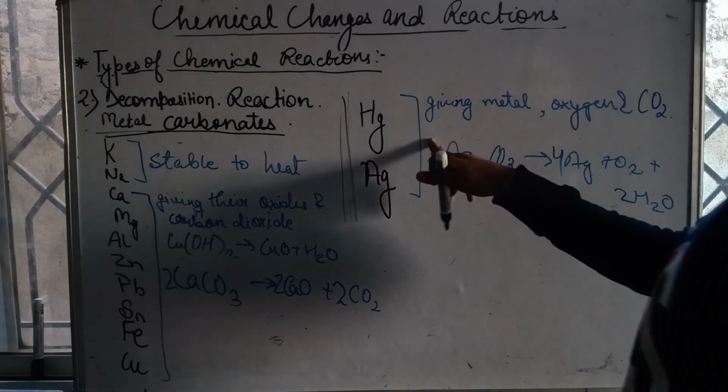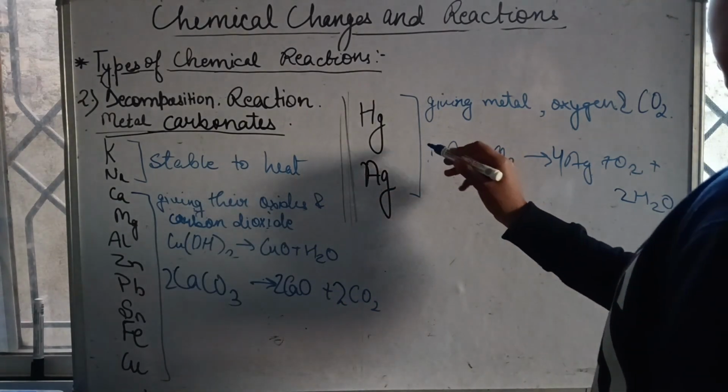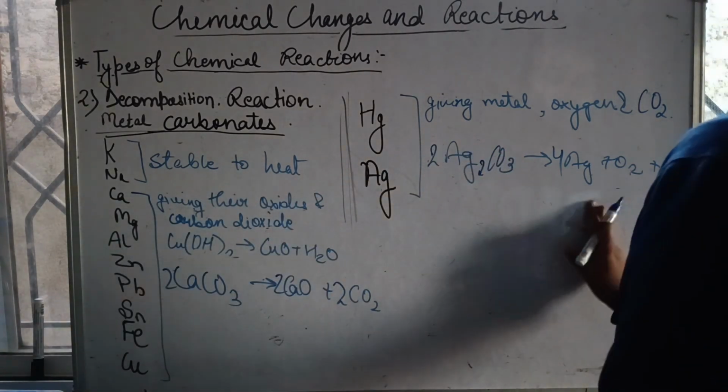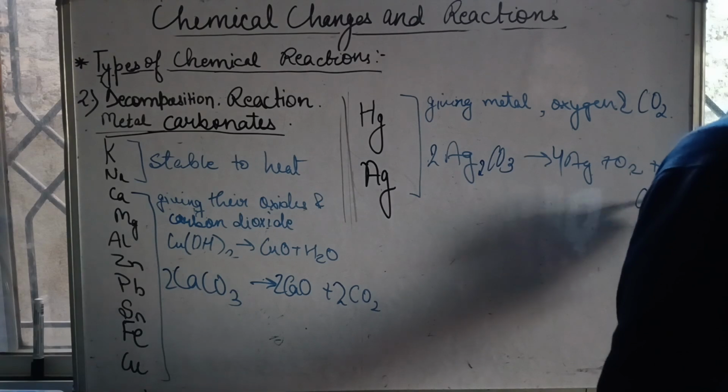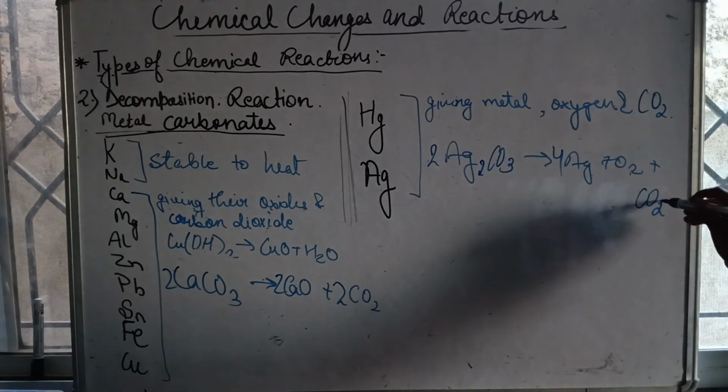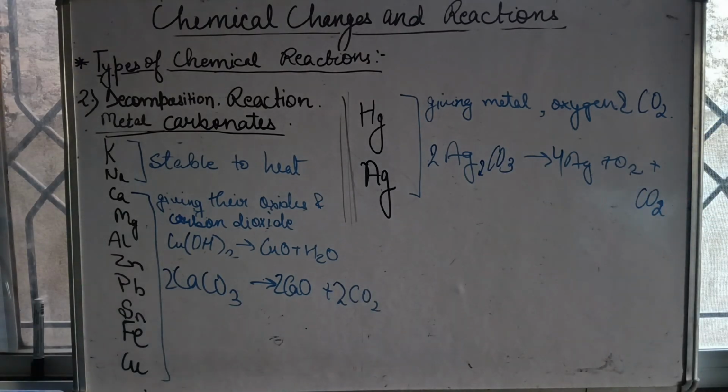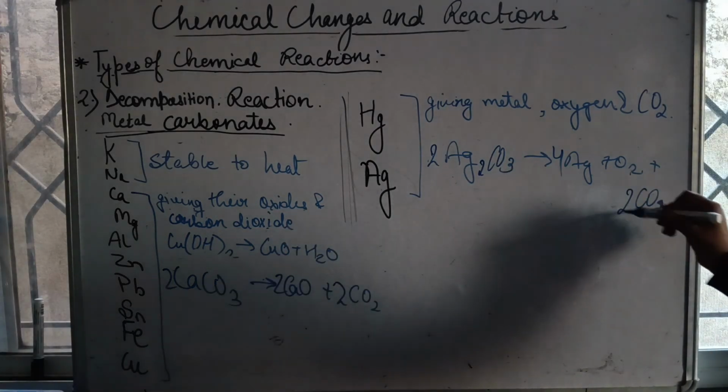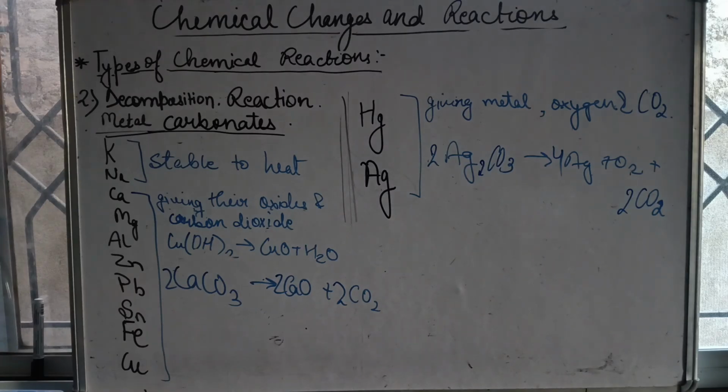So this will be 2. Oh, here I don't want. 2, 3, 6. 2 here. Okay. Done. So this is in case of metal carbonates.